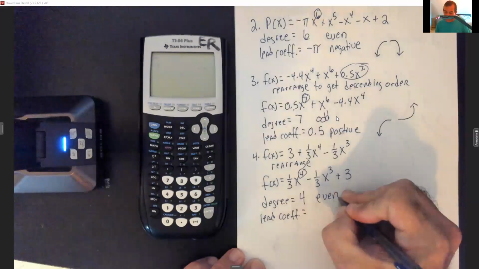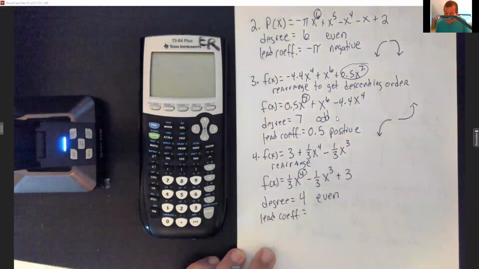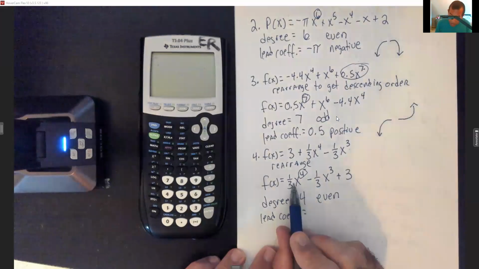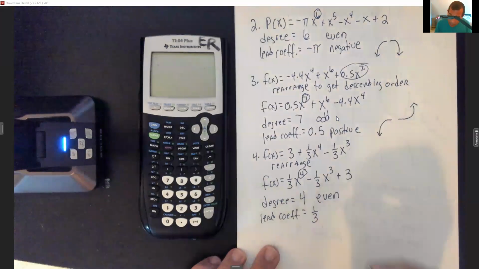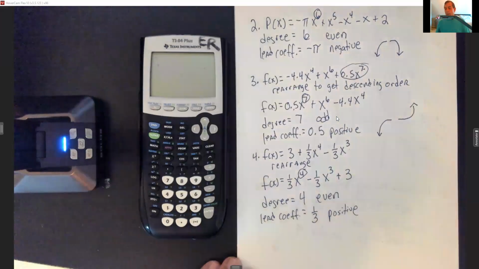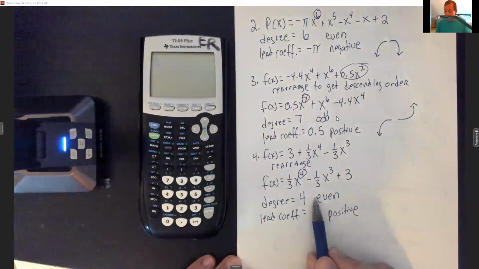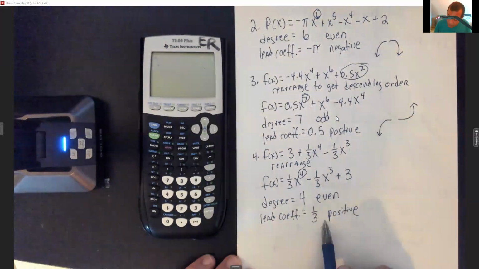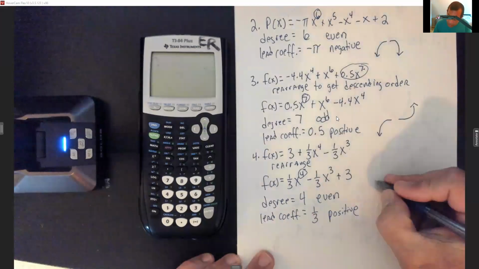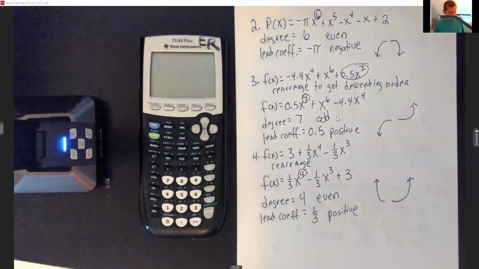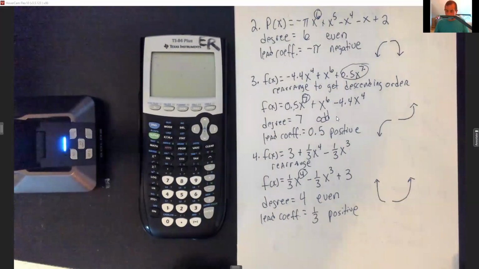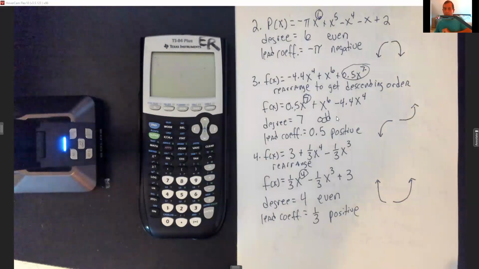Remember, the lead coefficient is the number in front of that x to the fourth, which is a 1/3, and that 1/3 is positive. So when it was an even degree, positive lead coefficient, both sides were pointing up. All right, I'm gonna let y'all write that for a second.